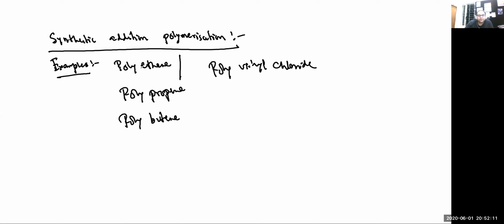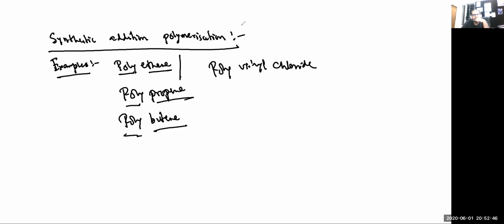From here we can understand that since it's just poly of ethene, poly of propene, and polybutene, basically you add up different alkenes.